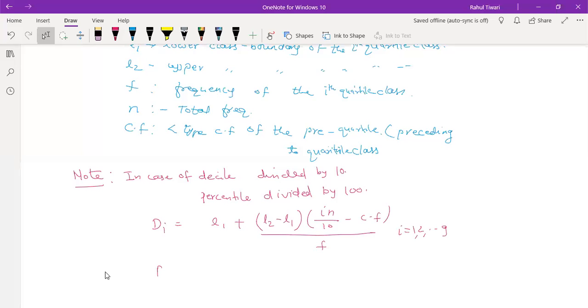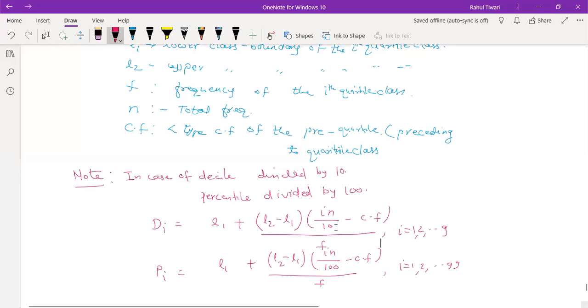Similarly, you can write Pi, which is L1 plus (L2 minus L1) times (i n by 100 minus the cumulative frequency of the previous class) upon F, where i takes values 1 up to 99. I have given this for your convenience so that you are able to write it down.